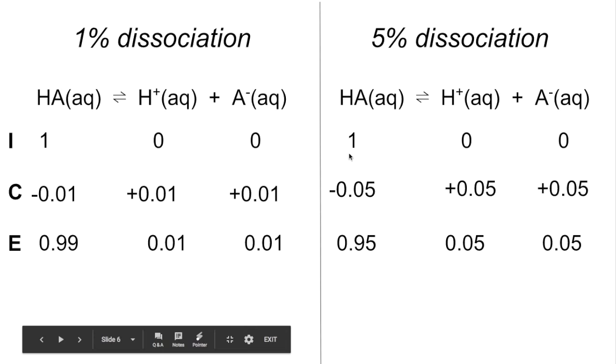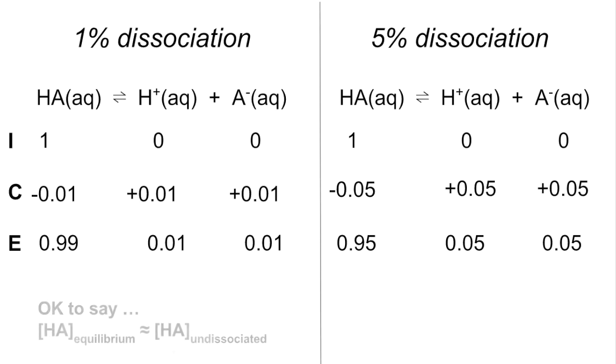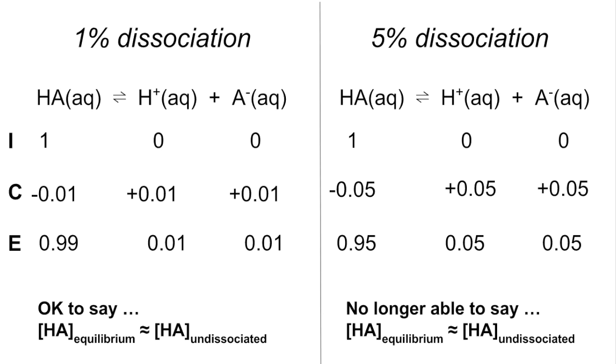Whereas here, the 5% rule would say, no, that's too different, we can't make the approximation anymore. So in the case of 1% dissociation, it's okay to say that the HA concentration at equilibrium is the same as the undissociated HA, whereas at 5%, it's no longer possible to say that.